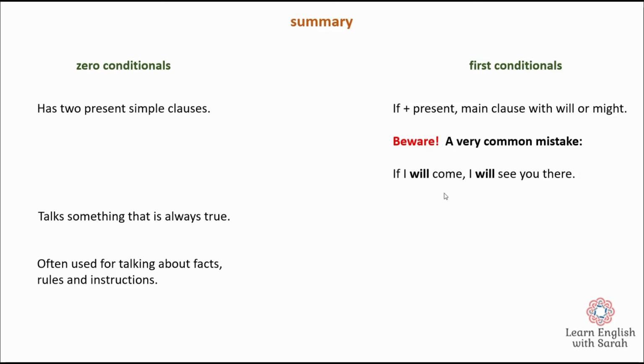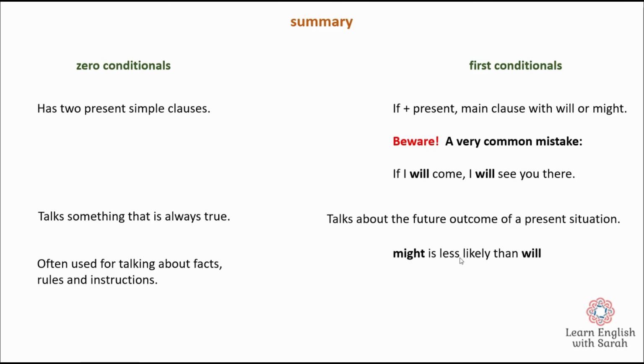If I will come, I will see you there. This is not okay. No will here. First conditionals talk about the future outcome of a present situation, and they can use might instead of will. Might is less likely than will. And finally, will is pronounced as I'll see you there.